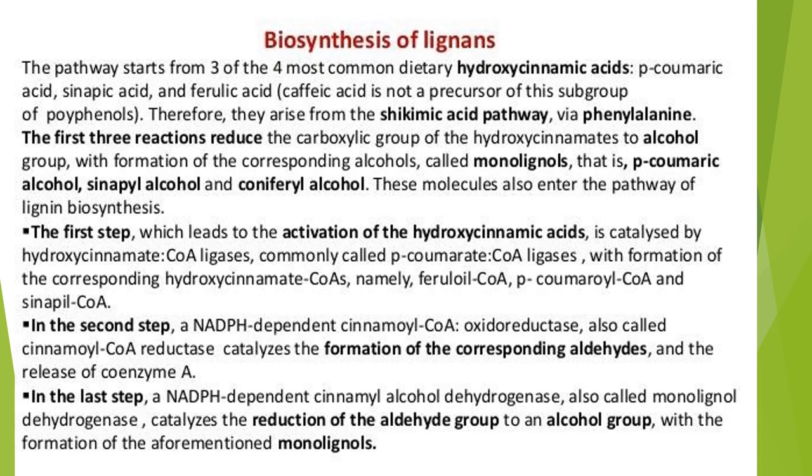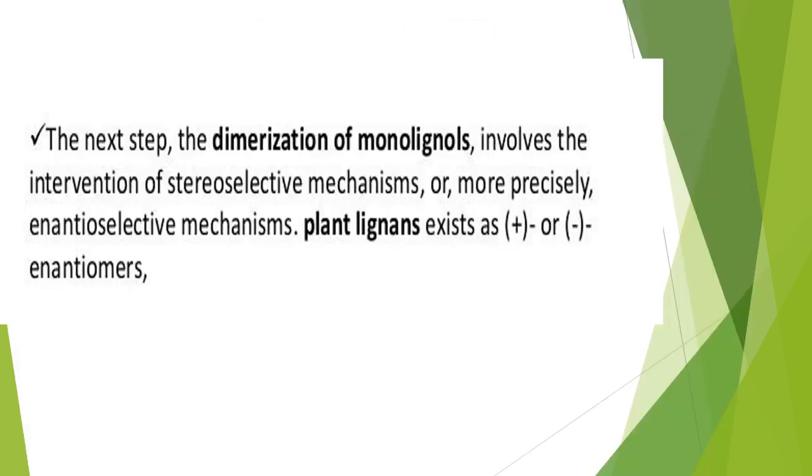The first step and the second step, what are the enzymes and coenzymes, these are the details. And the next step, the dimerization of monolignols, involves the intervention of a stereoselective mechanism, or more precisely an enantiomeric selection mechanism. Plant lignans exist in dextrorotatory or levorotatory enantiomers.